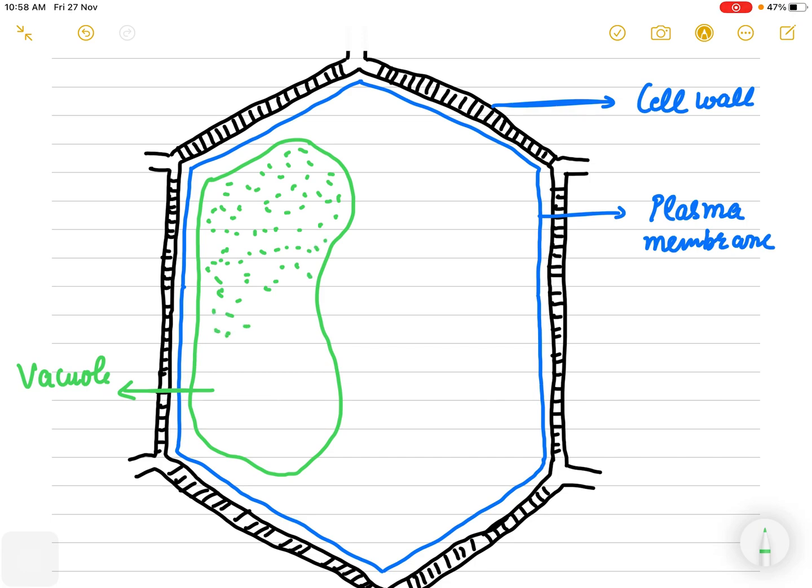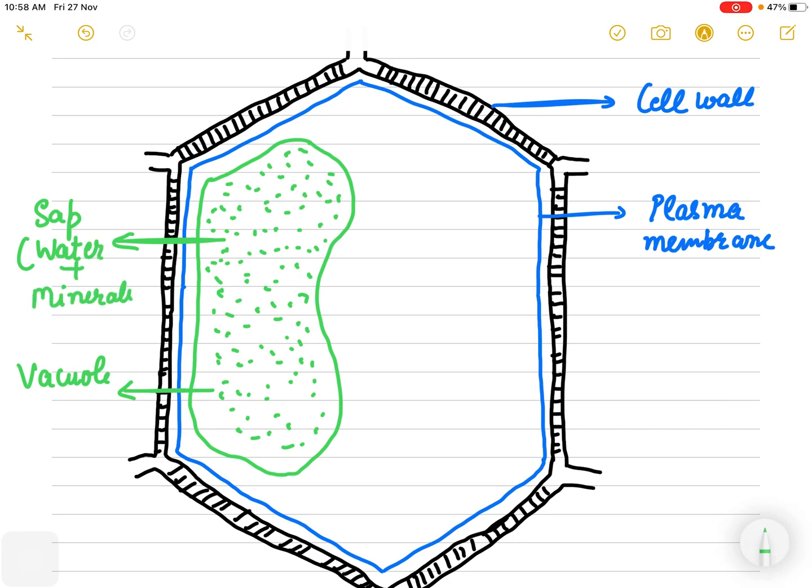Actually, inside this vacuole we have sap. Now what is sap? Definitely that question will come to your mind: ma'am, what is sap? Sap includes water plus minerals. So many things are done. We have drawn the cell wall, the plasma membrane, and we are done with our vacuole.